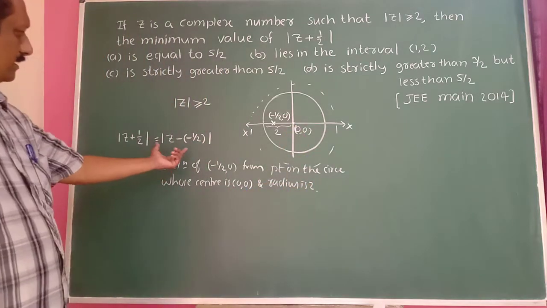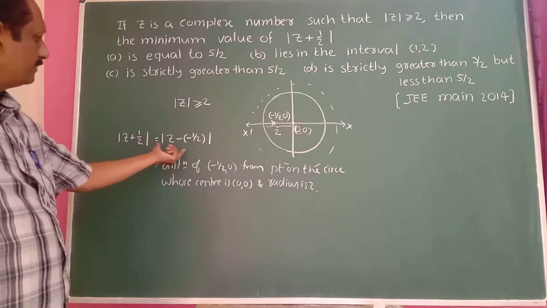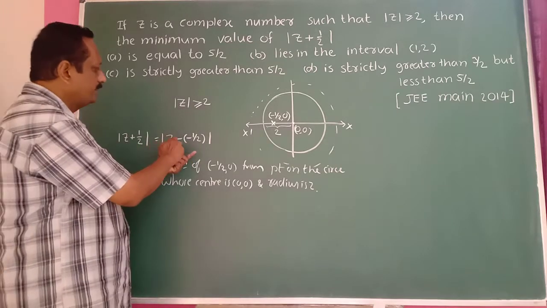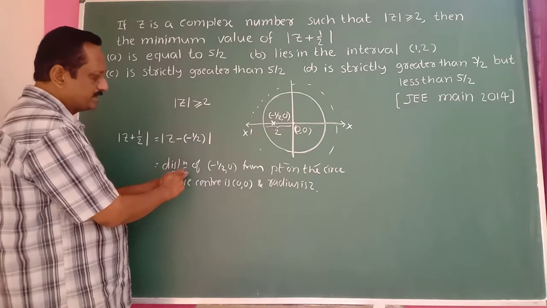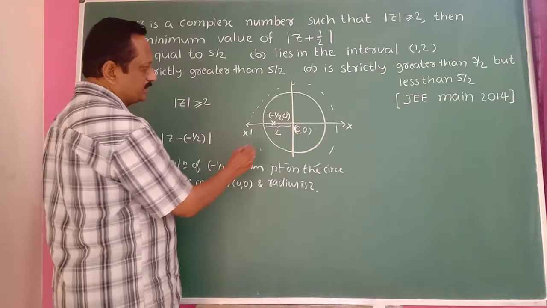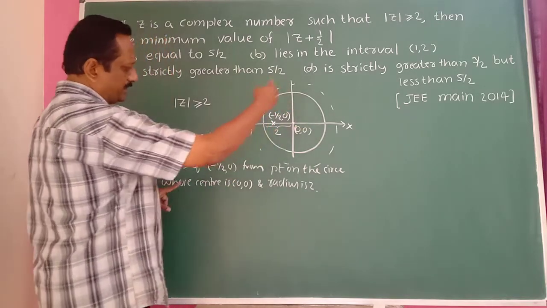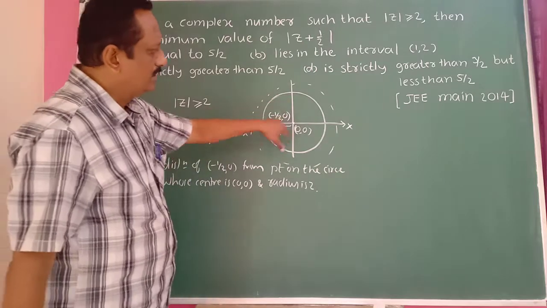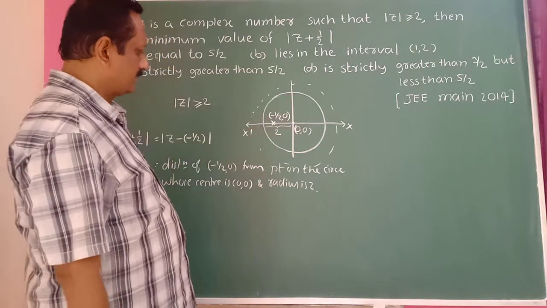Okay, here modulus of Z plus 1 upon 2 can be written in this form, Z minus of minus 1 by 2. Therefore it represents the distance of the point minus 1 by 2 comma 0 from a point on this circle, whose center is origin 0, 0 and the radius is 2 units here.